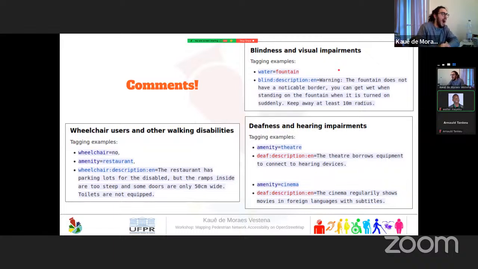So let's move on. There are also things such as comments that you can put that may help. For example, for deaf people, you can say in English that the cinema regularly shows movies in foreign language with subtitles, so it makes that room accessible for deaf people. And for example, you can say that some fountain doesn't have a noticeable border.